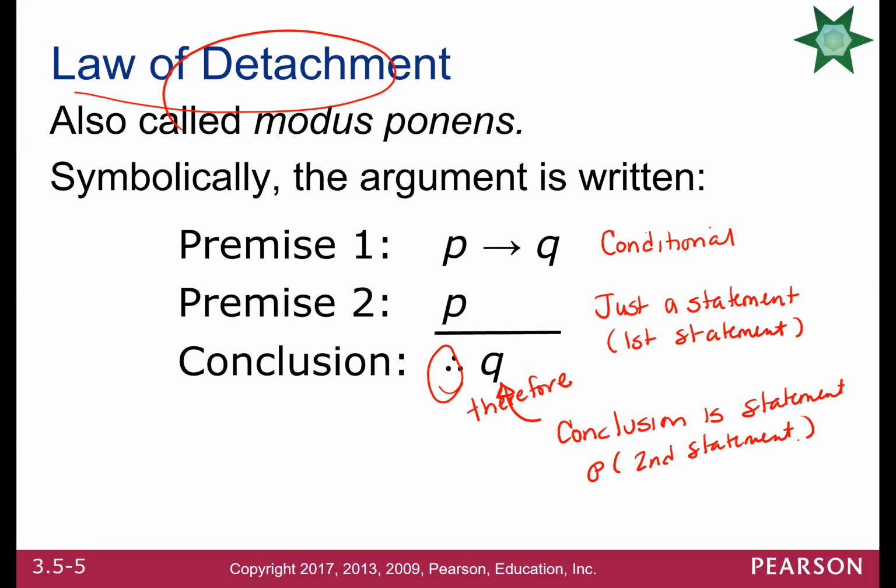And the way we write this symbolically is premise 1 and premise 2, then conclusion.